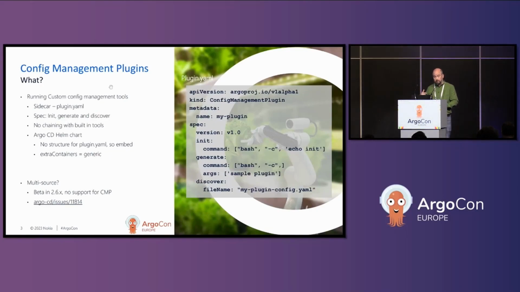And the sidecar, you have to define the whole sidecar as an extra container. We also wanted to use multi-source, which came into beta in 2.6 in Argo CD, but it's beta, so it's better than nothing. It has no support for CMP yet. There is an open issue.